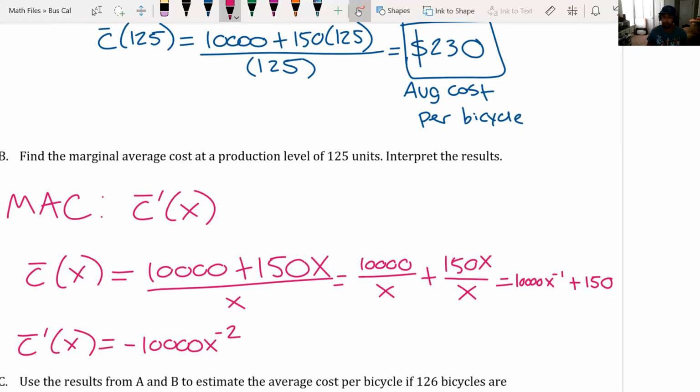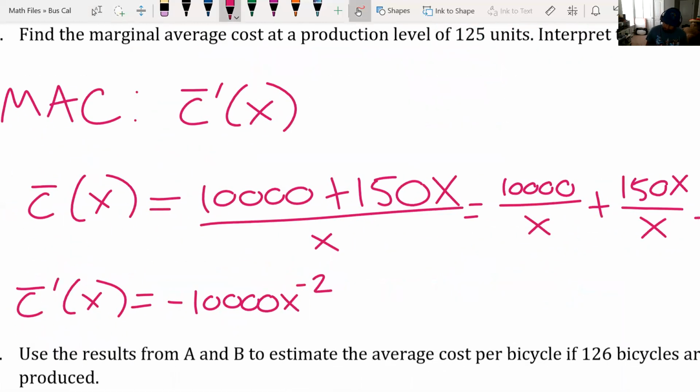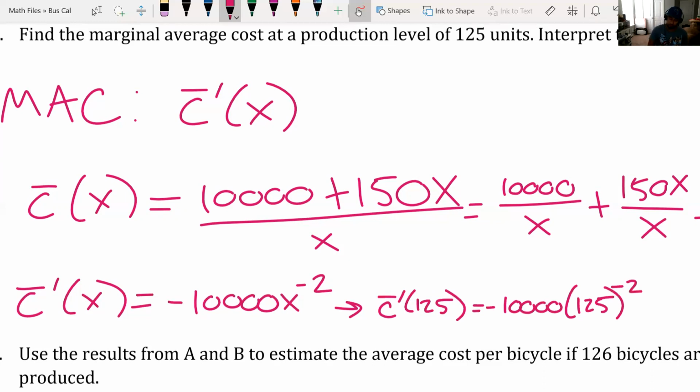So there's our derivative. And now all we have to do is plug in 125. So C bar prime of 125 is going to be negative 10,000 times 125 to the negative 2.